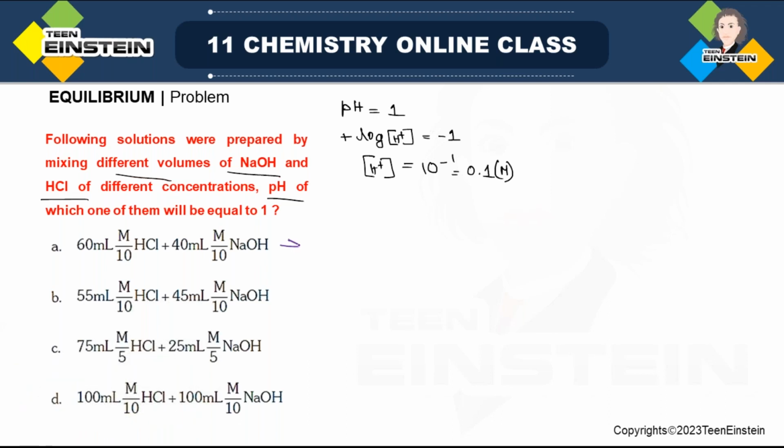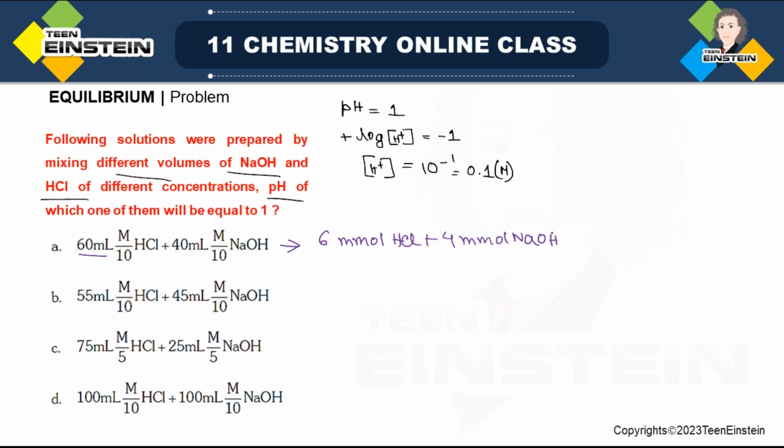So for the first solution, we multiply the volume in ml with the molarity so that we can get the number of millimoles of HCl. So 60 multiplied by 0.1 gives 6 millimole of HCl, and 40 multiplied by 1 by 10 gives 4 millimole of NaOH.